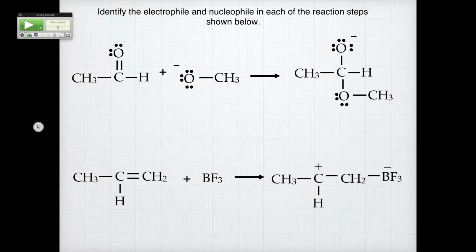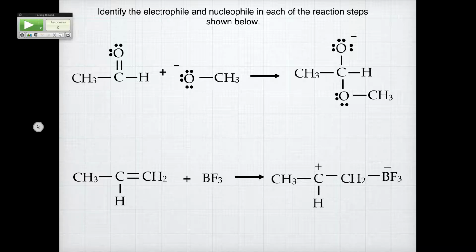The charges. Okay. What about the charges? This oxygen is neutral, and now it's negative. What else? Wasn't this one negative? And now it's neutral. Do you believe that? If you don't believe it, calculate it out. Double check.